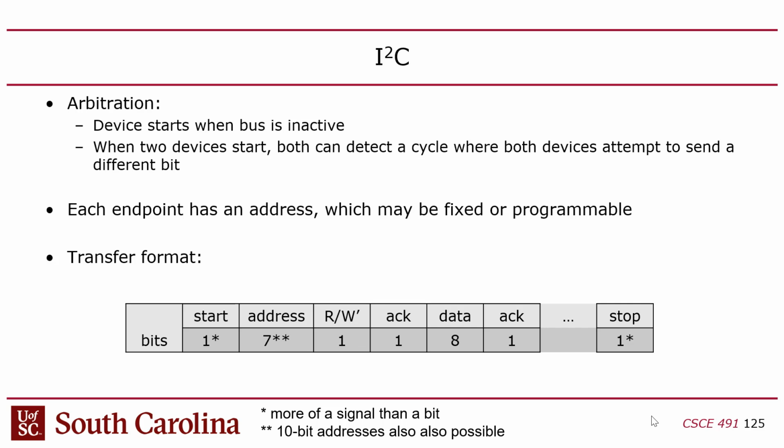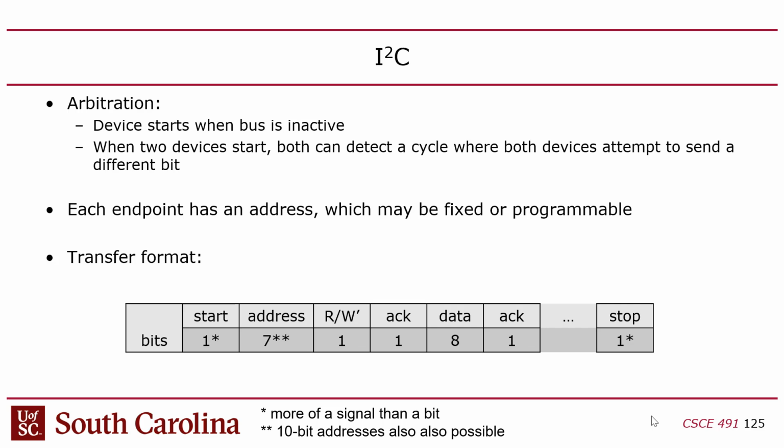Make sense? Or if it's a read, the slave will take control after the address, and it will keep control so it can send the data back in response to the read, and then the master will assume control to acknowledge that. Does it make sense? So there's this handoff process, right?